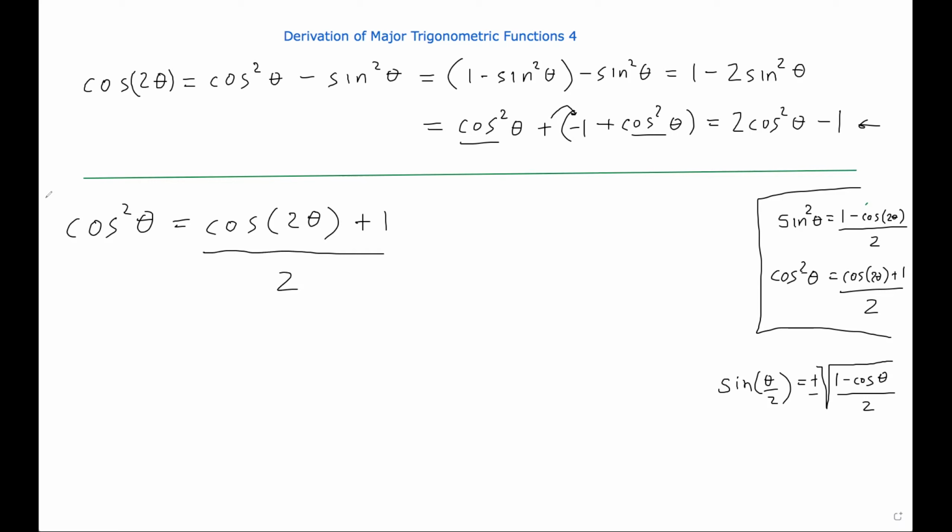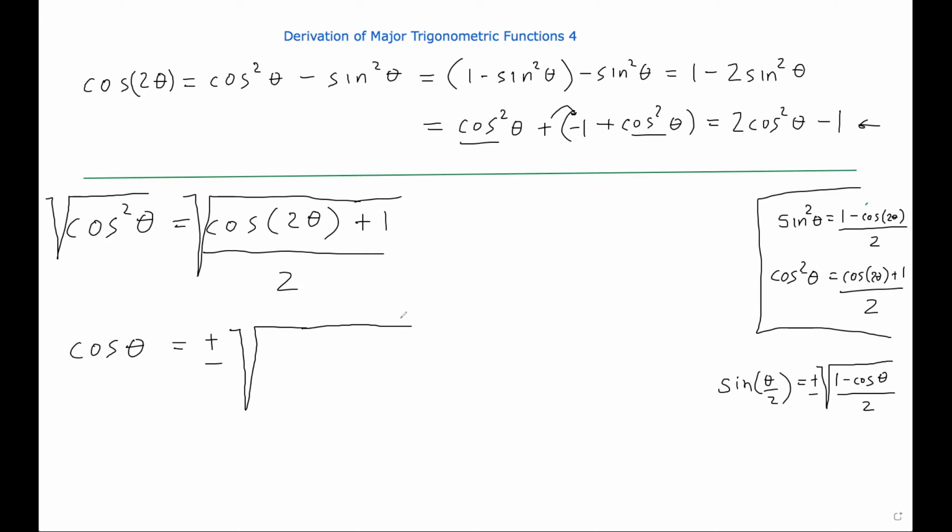So we'll take the square root of both sides, and that's going to give us the cosine of theta equals plus or minus the square root of cosine of the double angle, plus 1, divided by 2.